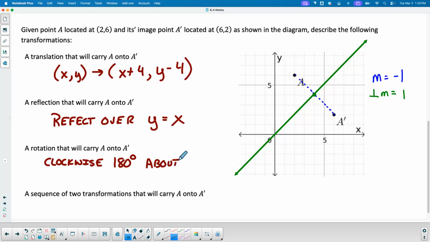And now we got to pick our point. The middle point, yeah. Because then it's going to be on that blue dashed line. So that would be the point 4, 4.